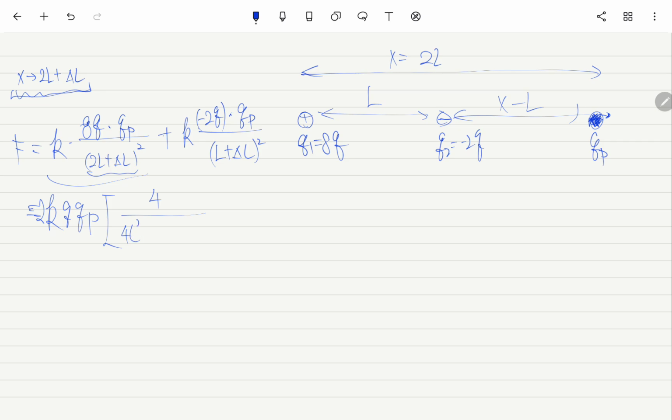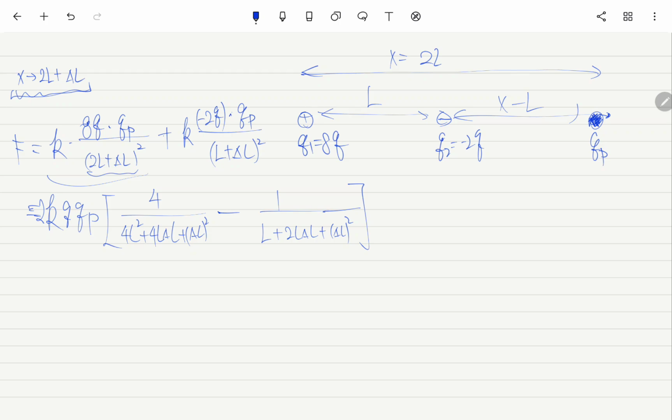We have a 4L square plus 4L delta L plus delta L square, and then minus 1 over L plus 2L delta L plus delta L square, something like this.